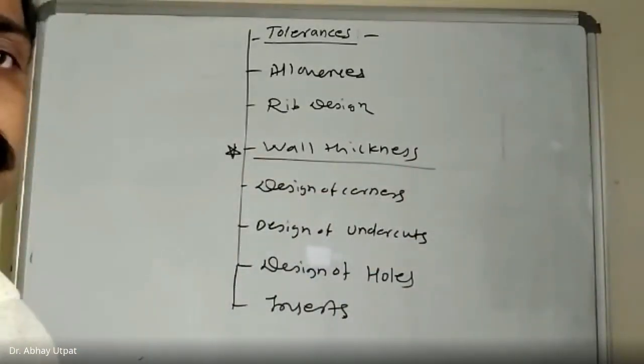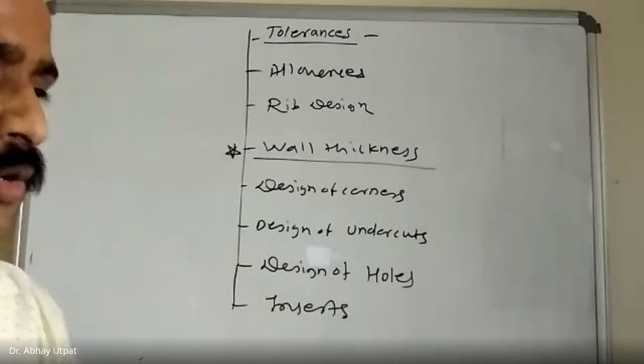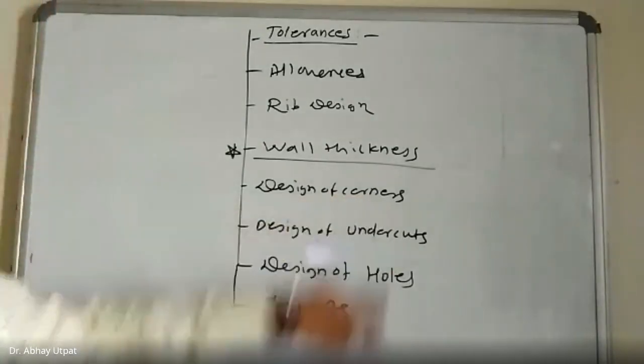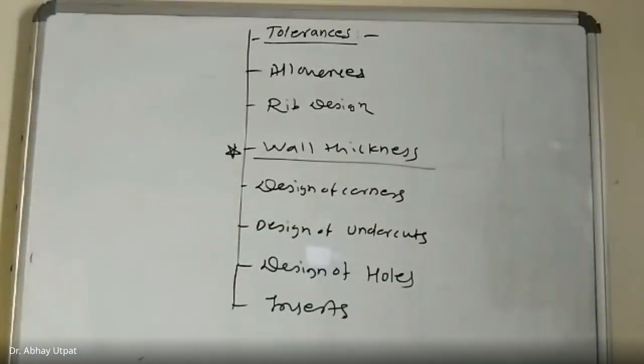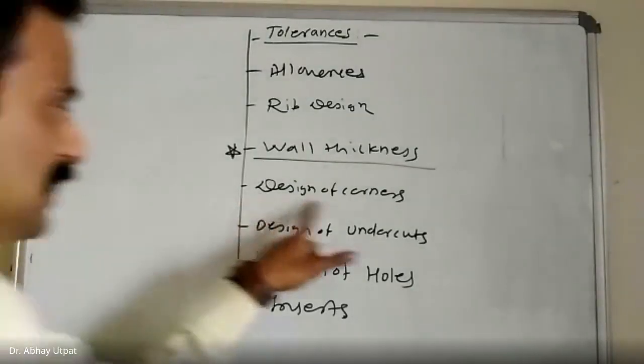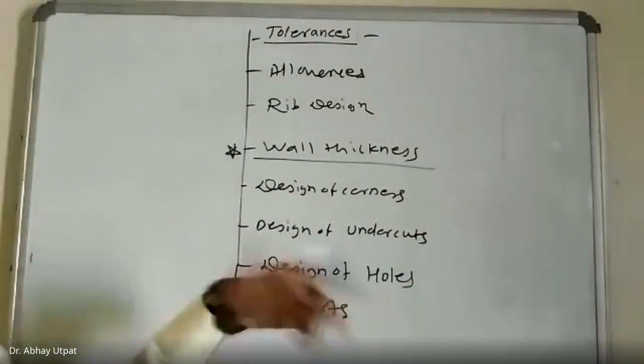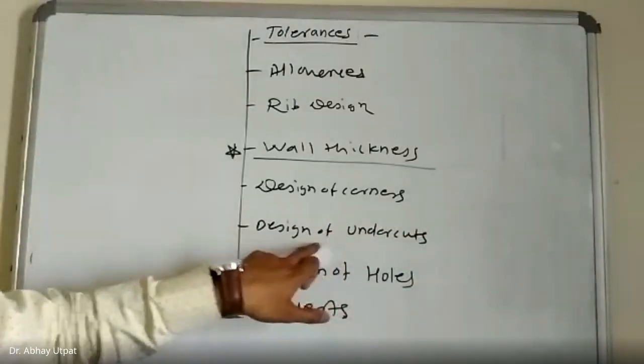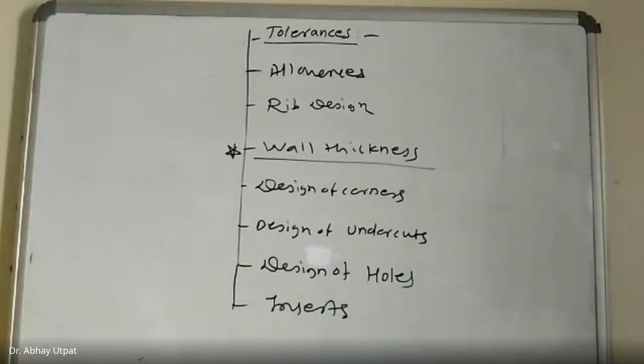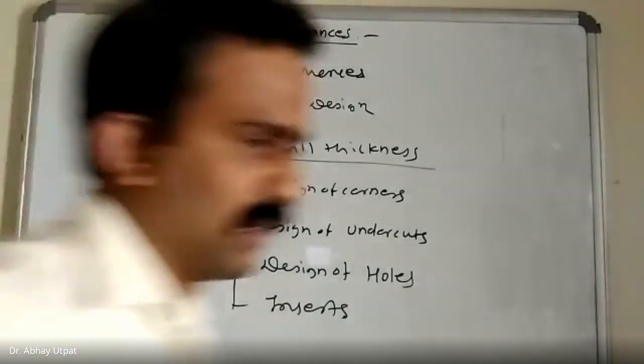We'll see how the design is modified in that part. Design of corners: here also the same thing. A corner causes larger thickness, and special design is required for corners. What those aspects are, we'll see at that time. Undercuts: there is a different concept of undercut. In case of welding, the undercut is different.